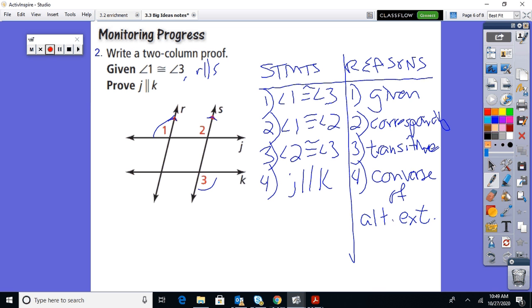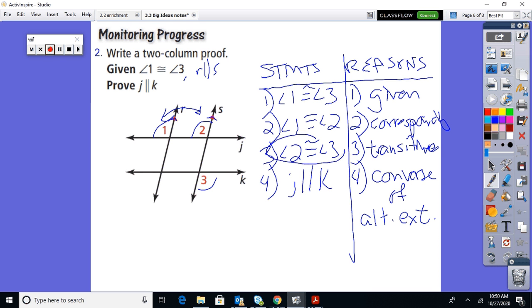Since R is parallel to S, we've got all of our relationships going back and forth between R and S. So that allows us to say that 1 is the same as 2, corresponding. And then if 1 is 3 and 1 is 2, then 2 is 3 from the transitive property.